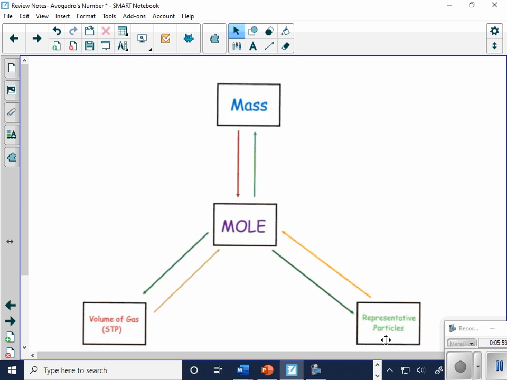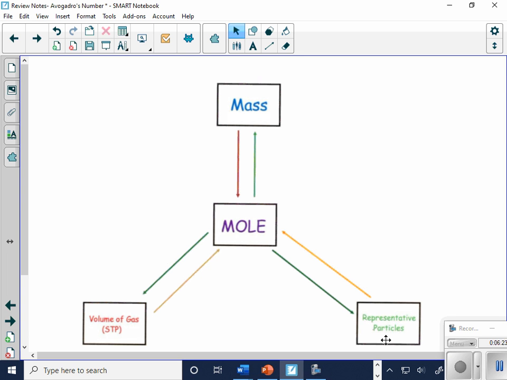If I say representative particles, it could be atoms, it could be formula units, it could be molecules. But if you're doing a test or a quiz and you don't know, and you say, I'm going to get around this by just putting representative particles, okay? It should be labeled molecules, but I'm going to put representative particles.